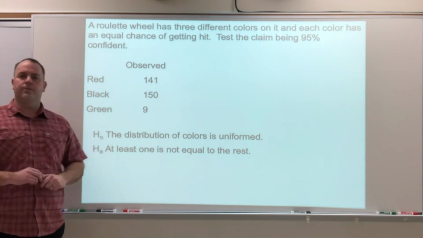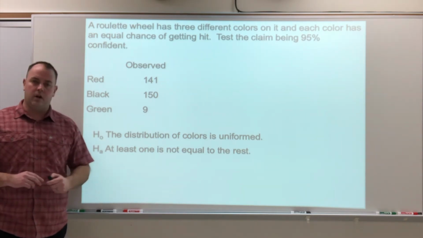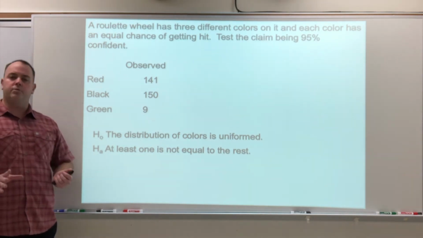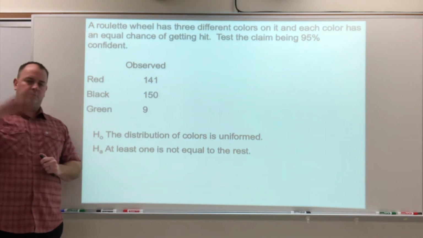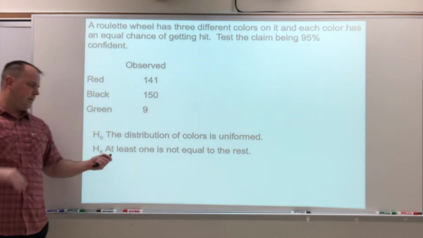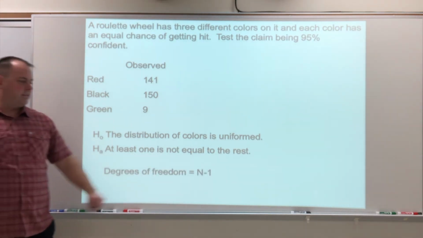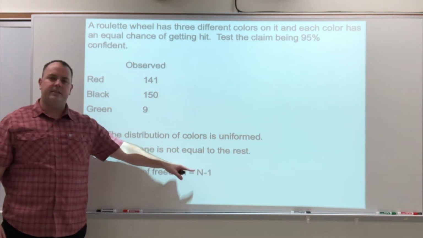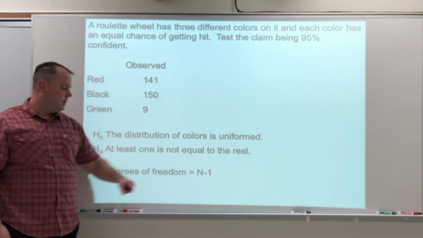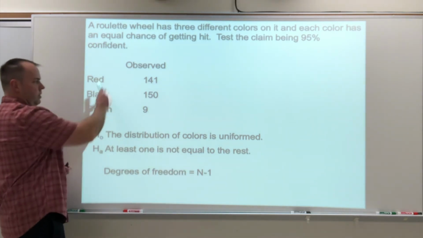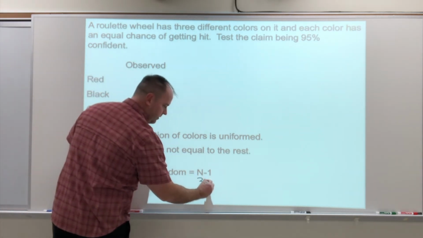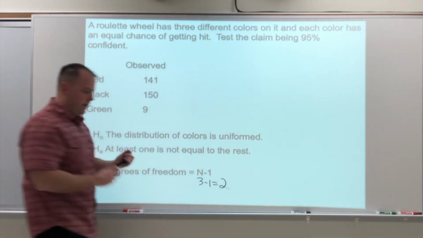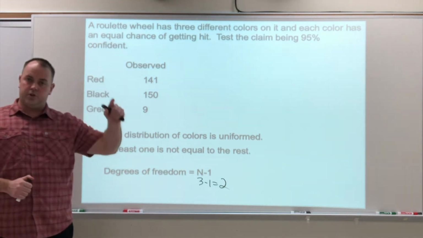Next thing we have to do is find our critical value. So again, we need our degrees of freedom. You're using the same chart as before. We are 95% confident, so just as before, you're going to go across the 95%. Degrees of freedom is n minus 1, where n is the number of categories we have. In this case, 1, 2, 3 categories. 3 minus 1 is 2, so then you're going down your chart to 2.